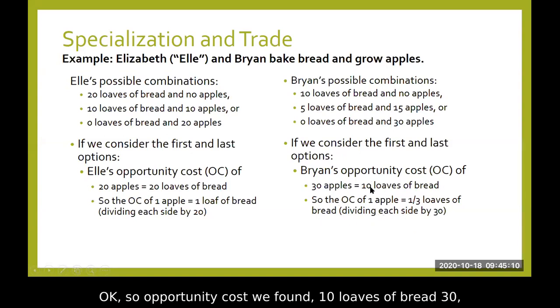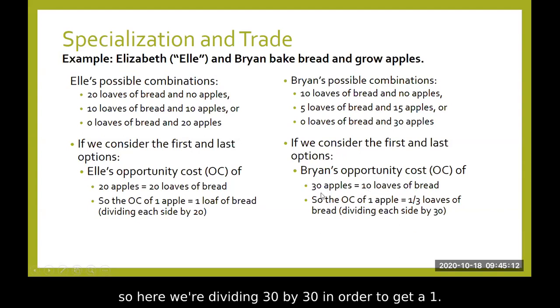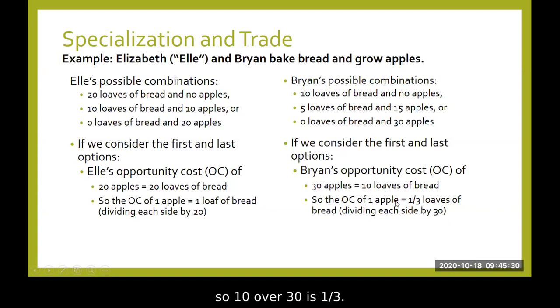So for opportunity cost, we found 10 loaves of bread, 30. So here we're dividing 30 by 30 in order to get a 1. So 30 divided by 30 is what gave us the 1. And if we're dividing this left-hand side by 30, we also need to divide the right-hand side by 30. So 10 over 30 is 1/3.